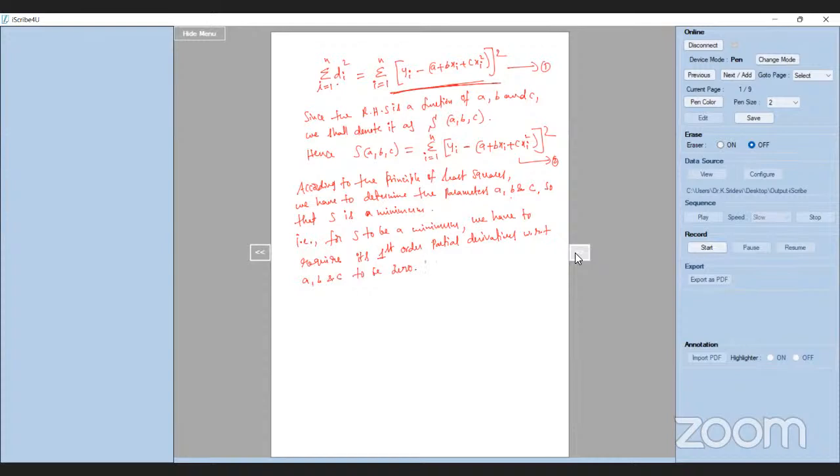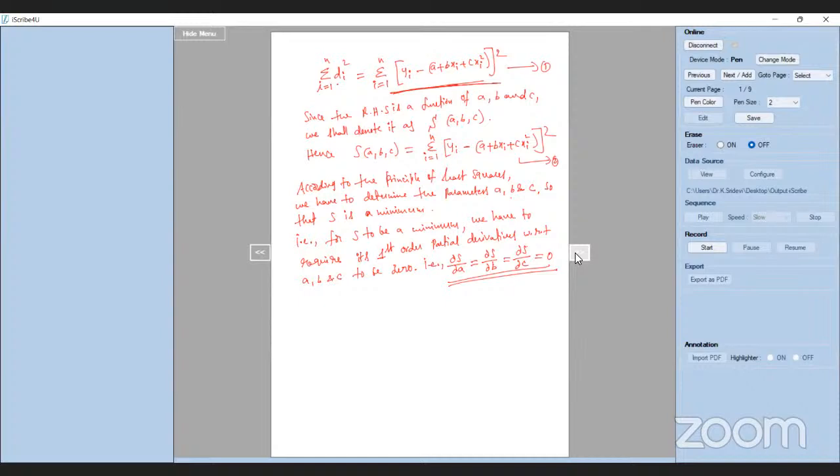That is, the partial derivative of S with respect to A, dou S by dou A, the partial derivative of S with respect to B, dou S by dou B, and the partial derivative of S with respect to C, dou S by dou C, are equal to 0. This is the condition for S to be a minimum value.